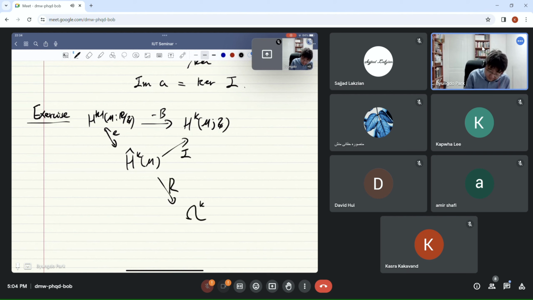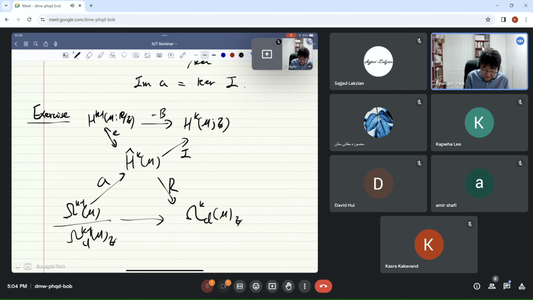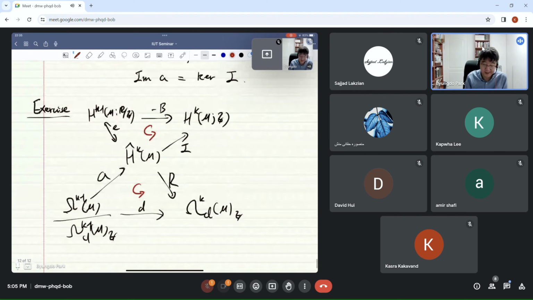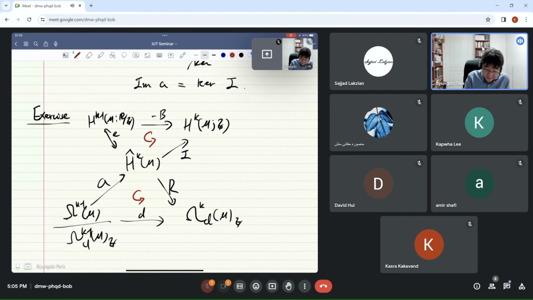This is degree k closed differential forms on M with integral periods, and here is the A map we just have seen. Closed, integral periods. And this map is D. So show that this is commutative and this is commutative. So that's the exercise. Yeah, it's also not difficult.